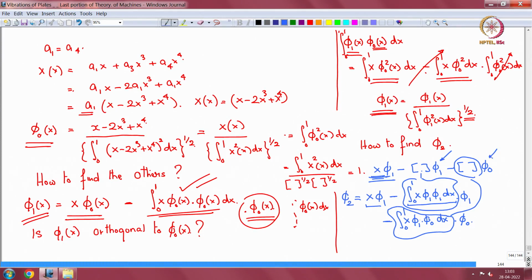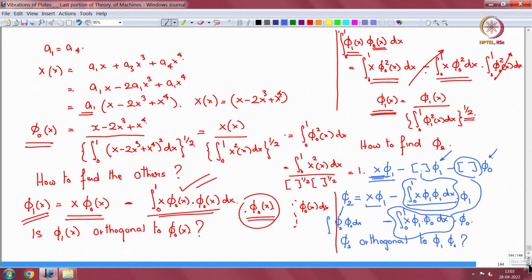So, now how do we know this is orthogonal to phi 0? Phi 2 orthogonal to phi 1 and phi 0. How do we know that? So, we will check it out, okay. We multiply phi 2 by phi 0 and integrate and check, okay.